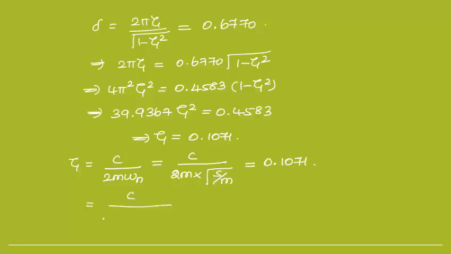On substituting the values of mass m as 5 and stiffness S as 5000, we get 0.1071 equals C divided by 2 into 5 into root of 5000 by 5, which is root 1000. By solving this, we get the value of C as 33.8680 Newton per meter per second. So this is the answer for the first subdivision.